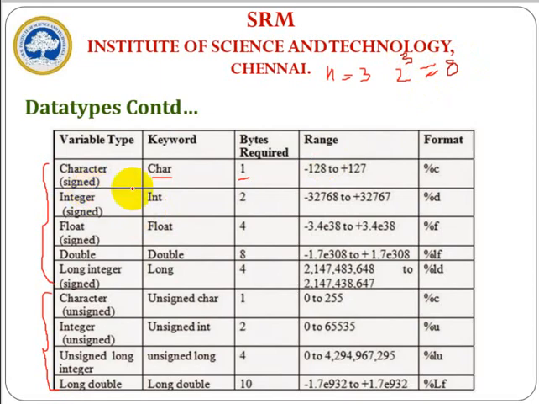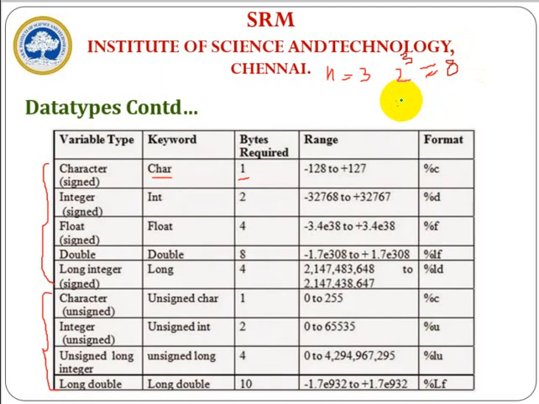In general, if it is signed, I can hold negative as well as positive numbers. So if it is 8 values, the first half, the first 4, will be negative numbers. The remaining 4 are going to be positive numbers.